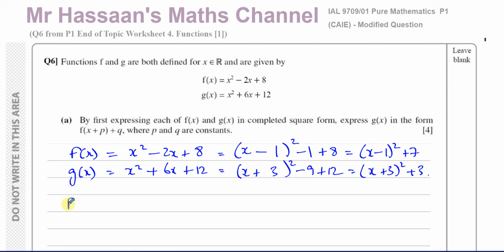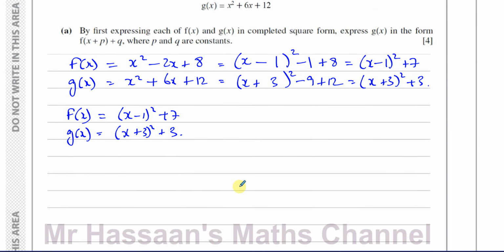So we have f of x is equal to x minus 1 squared plus 7, and g of x is equal to x plus 3 squared plus 3. So we want to express g of x as f of x plus p plus q.